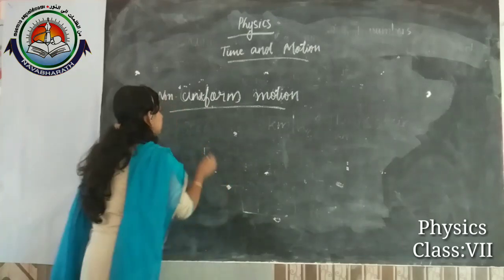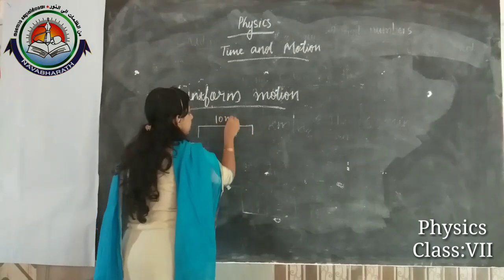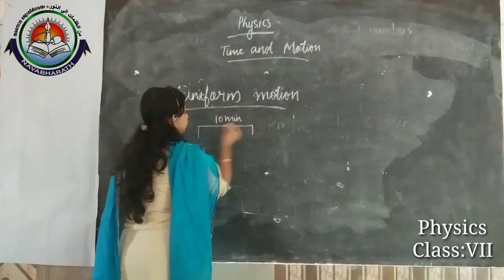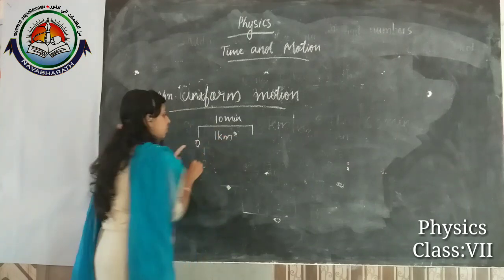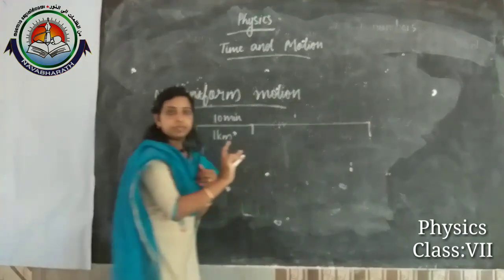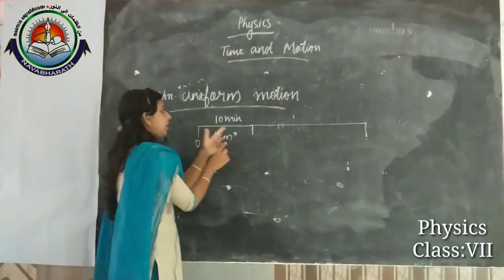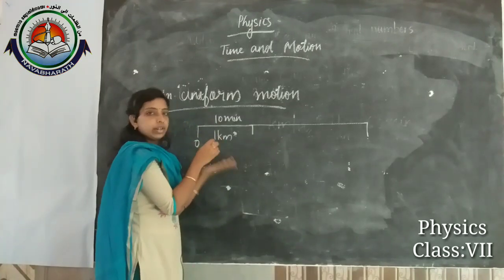So we can say that for the first 10 minutes, this train can cover only 1 kilometer from the station. Okay, it has to reach the next station. So in the first 10 minutes, it covers only 1 kilometer.